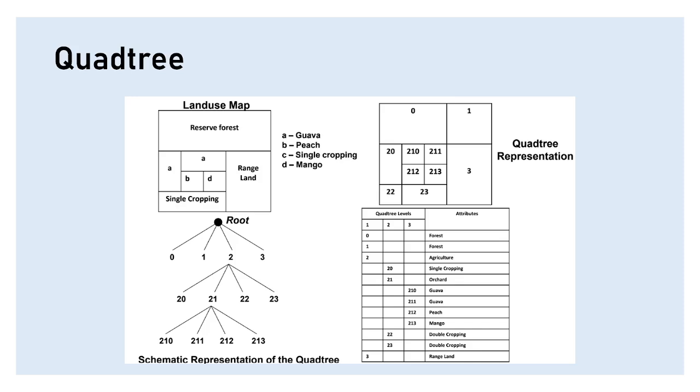Now here is a land use map. In this case you can see we have guava, A, B, C and D. So in this case we start with the root, and we gave it as 0 and 1. This is 2 and 3. So this 0, 1, 2, 3 we have just kept like this, but in 2 there are further divisions.